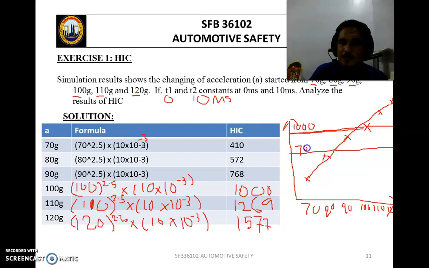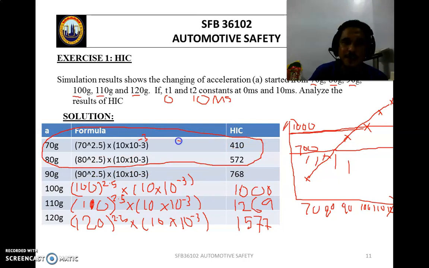For head protection, the HIC must be below 1000, but the target from the automobile company is below 700. That means only these two situations are considered safe, and this is considered an unsafe condition.